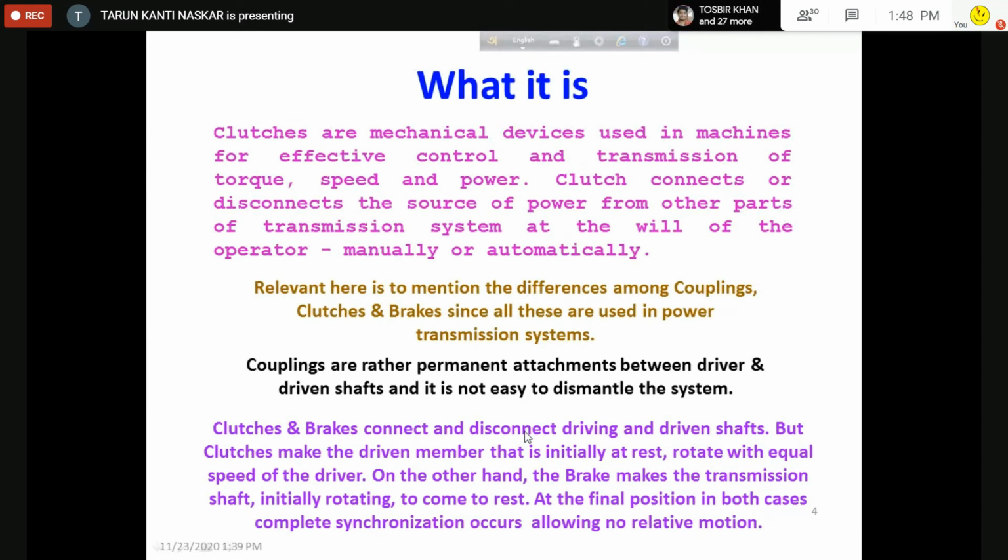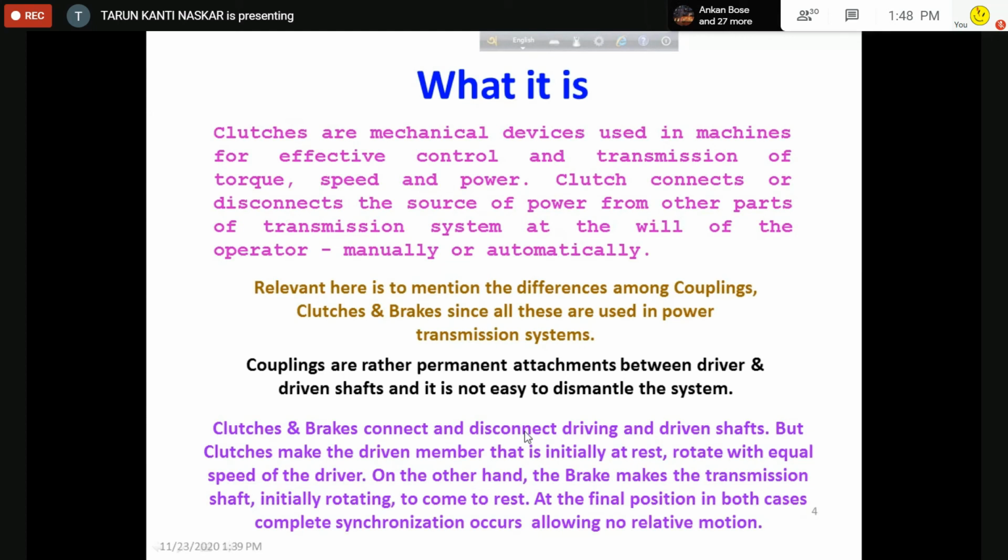So this is the use of brake, and one part is always steady, that is with no motion. But for clutches, there is a driver part and there is a driven part, and the speeds are synchronized. Okay, speeds are synchronized. So what is the statement here?